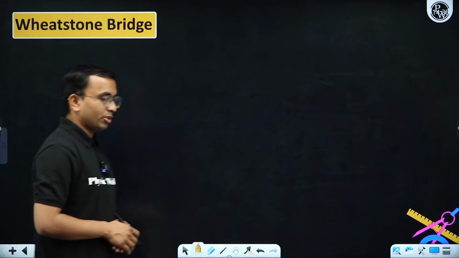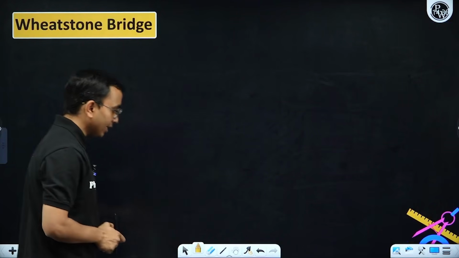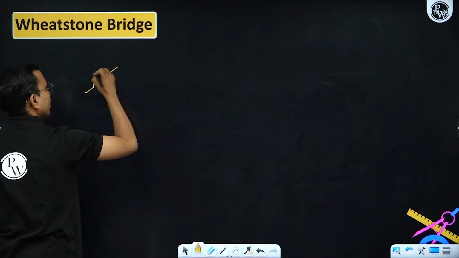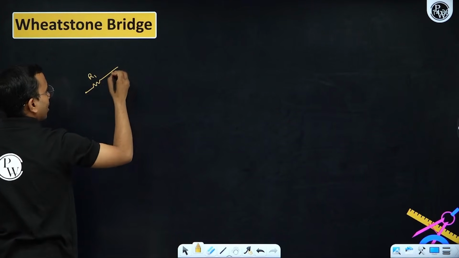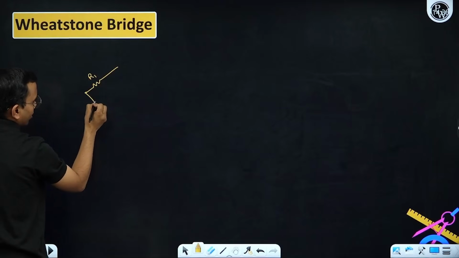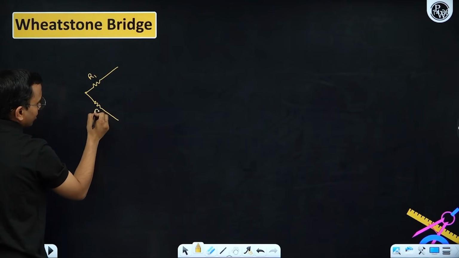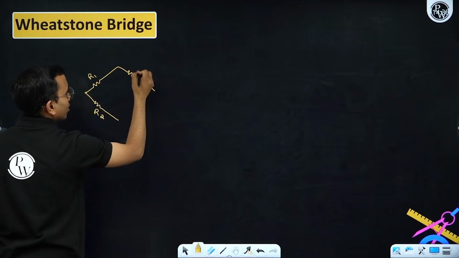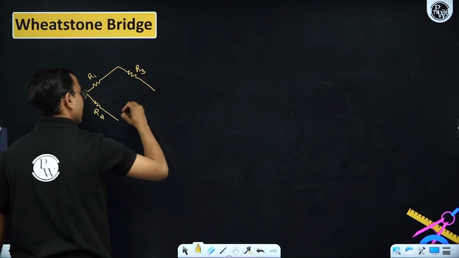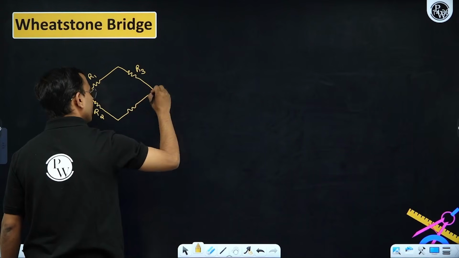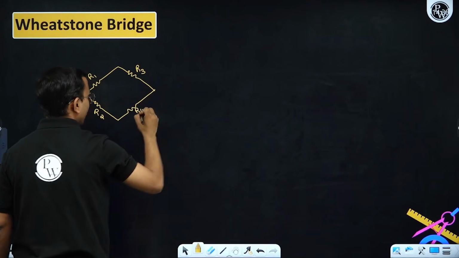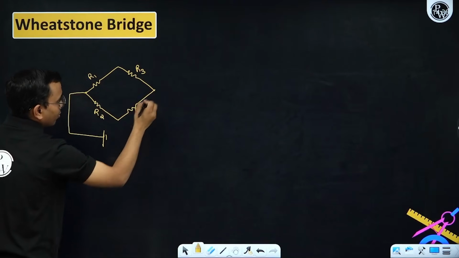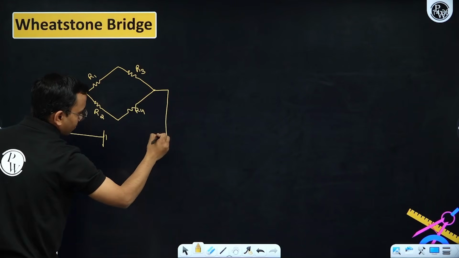Okay, Wheatstone Bridge. Now, Wheatstone Bridge is a condition when, let us take, this resistance is R1, this resistance is R2, this resistance is R3, this resistance is R4, and let us take some potential is applied across them.